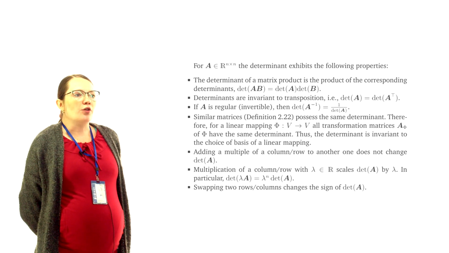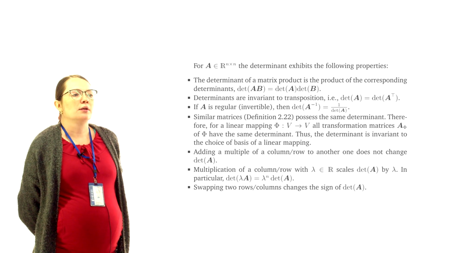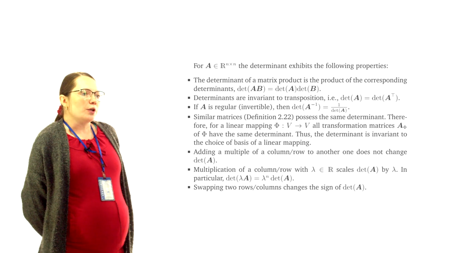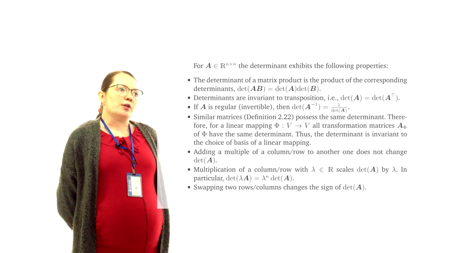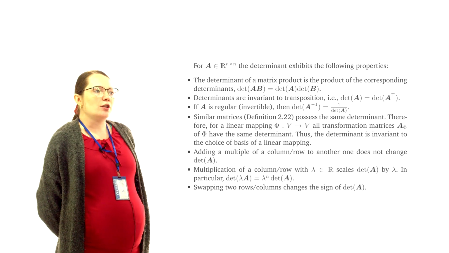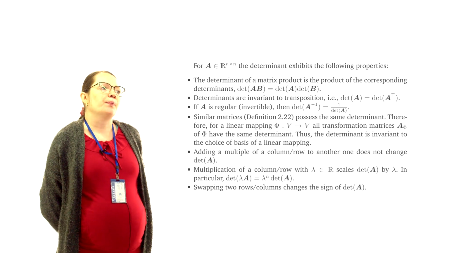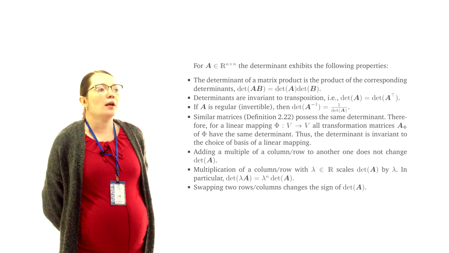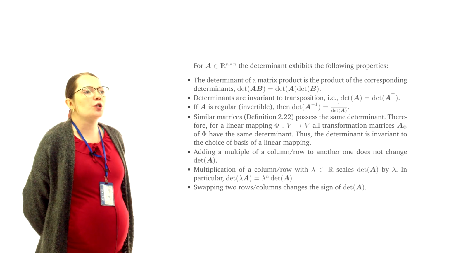Another is about the inverse element of a matrix. If we want to calculate the determinant of A inverse, we just take the determinant of A and 1 divided by the result. This formula comes easily from the first one.